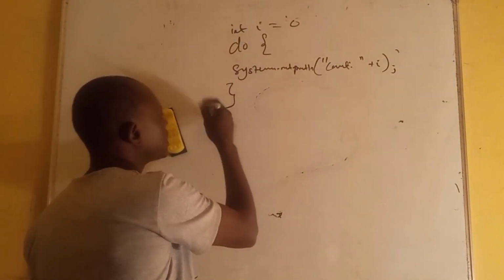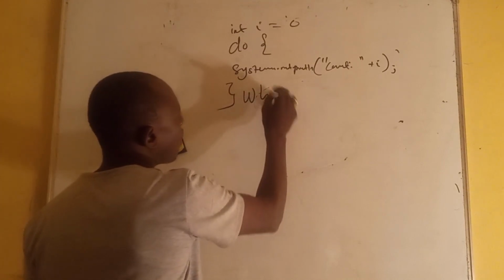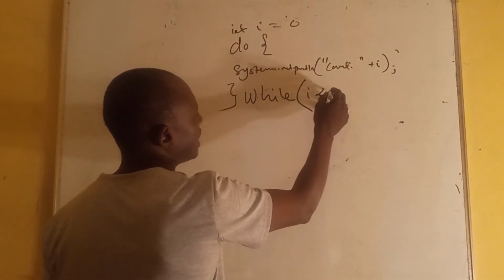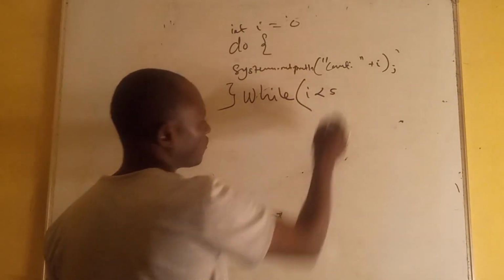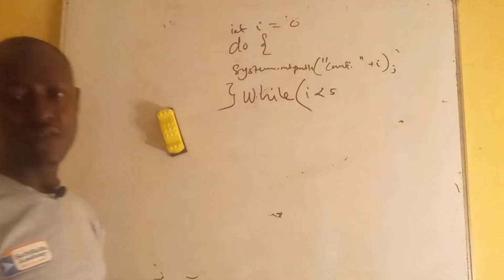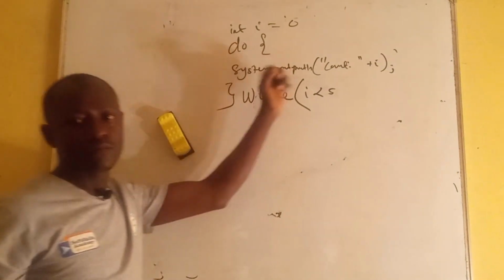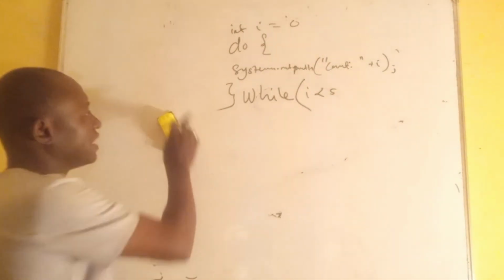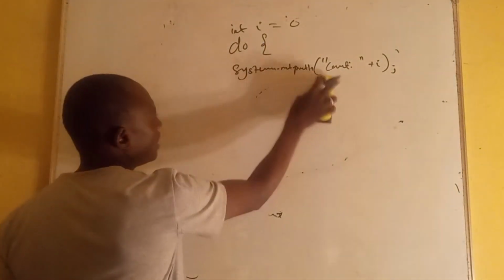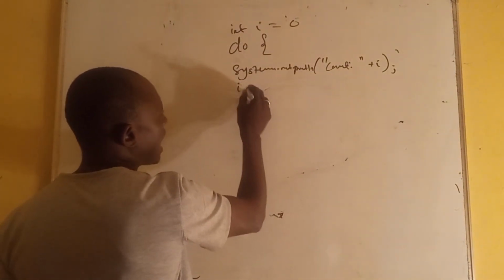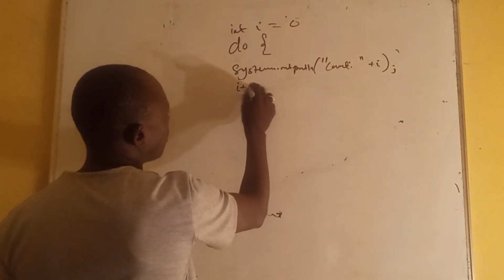Then you close this curly bracket. You now write your while condition: i is less than 5. But before then, you need to increment, just like how we did in the while loop. You say i++.